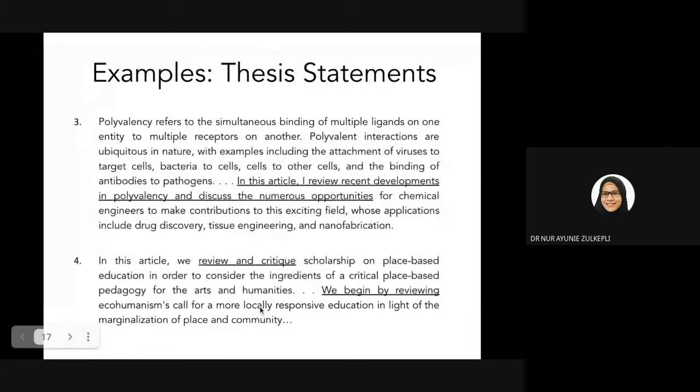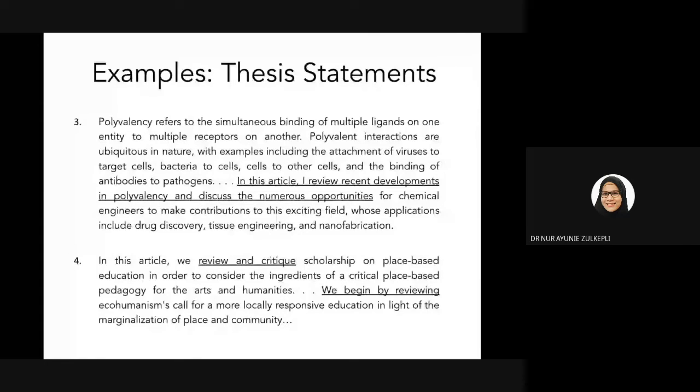This type of writing actually has no ideal structure. It depends on how you're going to write it. And also ask your supervisor whether you should use active voice or passive voice.